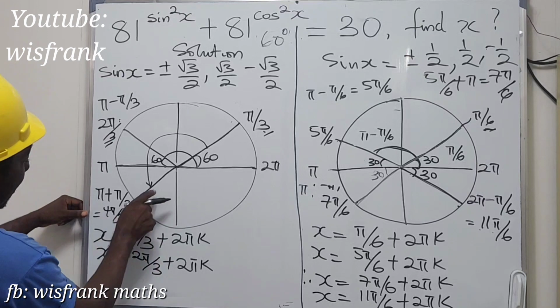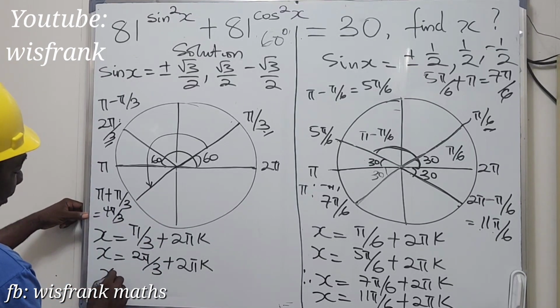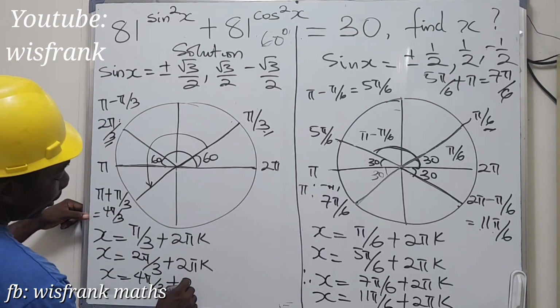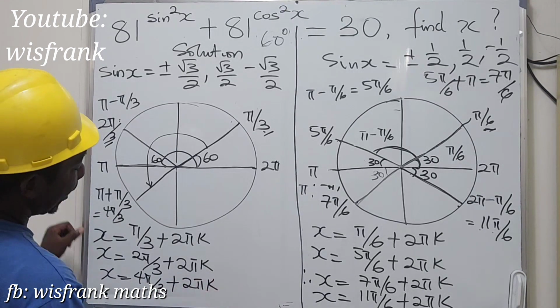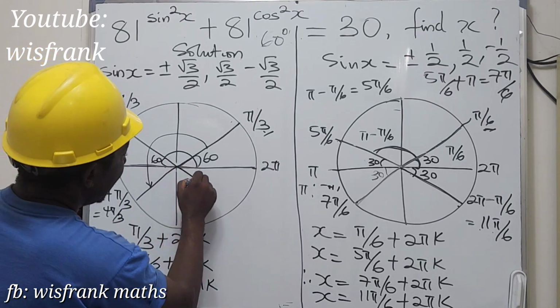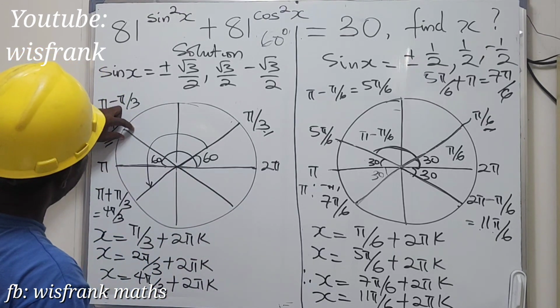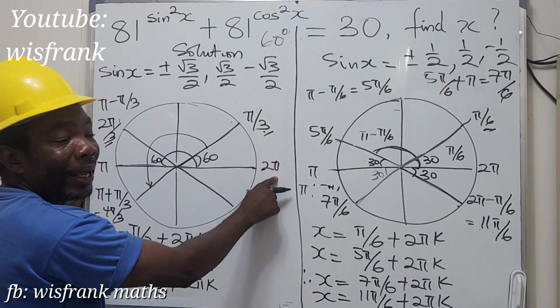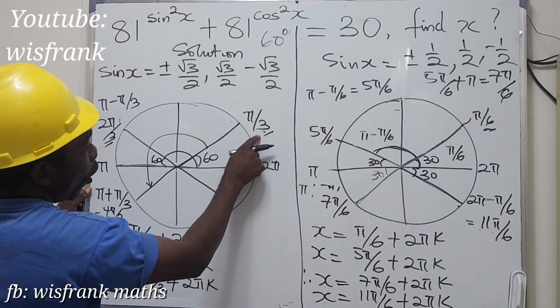So that means we have the third value of x equals 4 pi all over 3. Then we need to add 2 pi k, where k is an integer. So for the second one, on the fourth quadrant, the same thing, we extend this place to here. So that means we're going to have 2 pi minus pi all over 3.